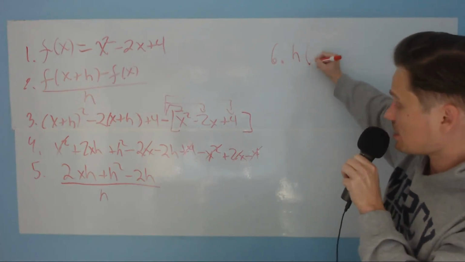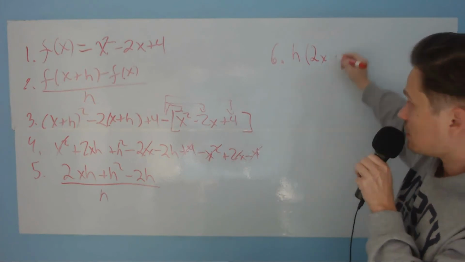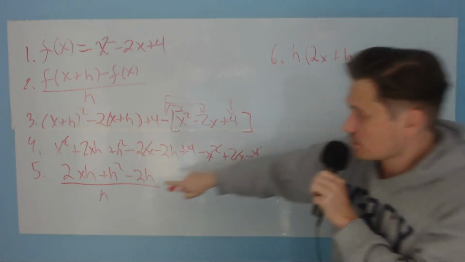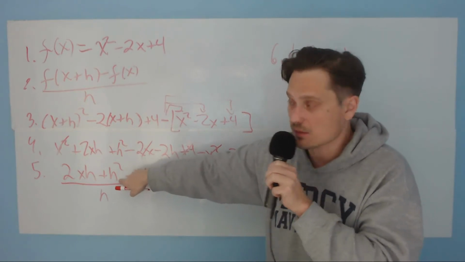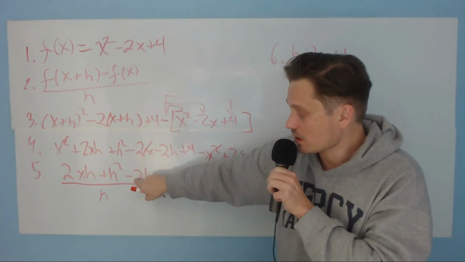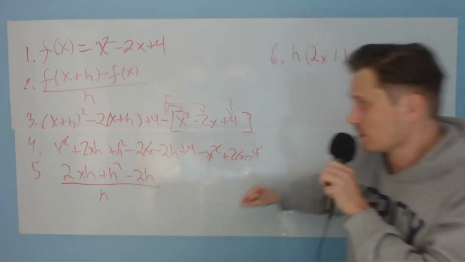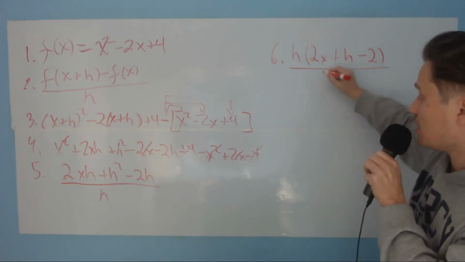Outside, it becomes h, and inside what's left over is 2x plus a single h. With this term, when you factor an h out, one h is left inside because it's h squared. And here, when you factor this h out, there's going to be a negative 2 left over. And then all of that is still divided by h.